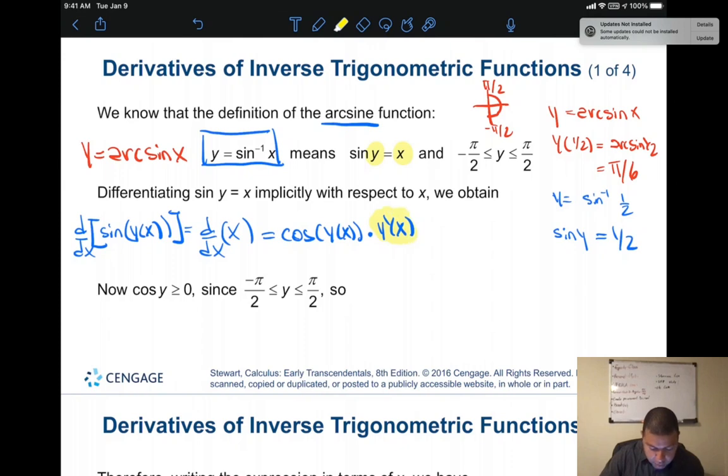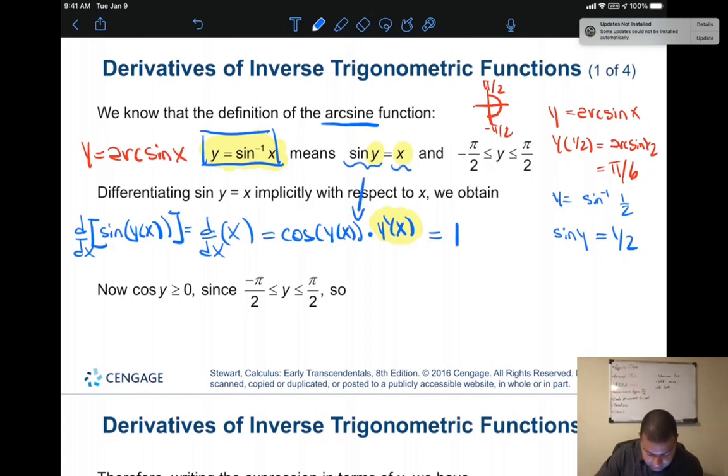That's what I'm looking for, right? Because that's the derivative of y, of the arc sine. And that equals the derivative of the right-hand side, which is 1. So the derivative of this is this.